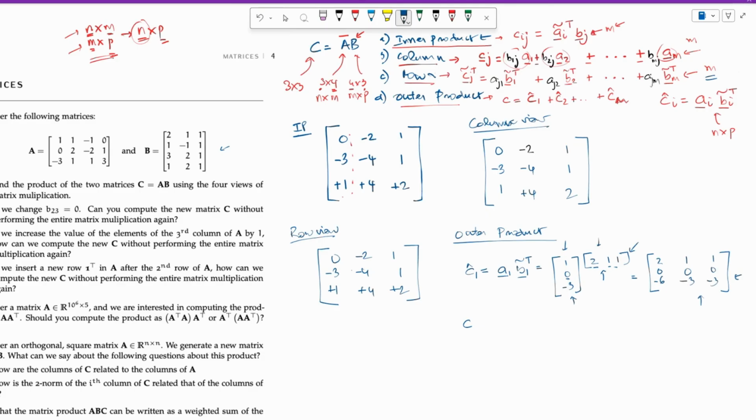And you can verify that the row and column view and the inner product view actually hold for this. What about C2 cap?